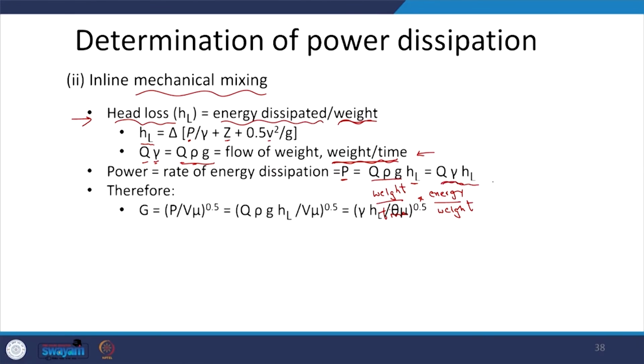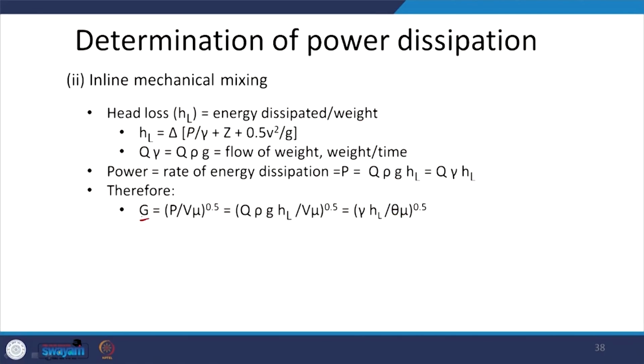From this I will be able to calculate this, and I know that G is equal to square root of P by V mu, and I can get a relationship between G and the relevant aspects out here. So let me just erase this side.